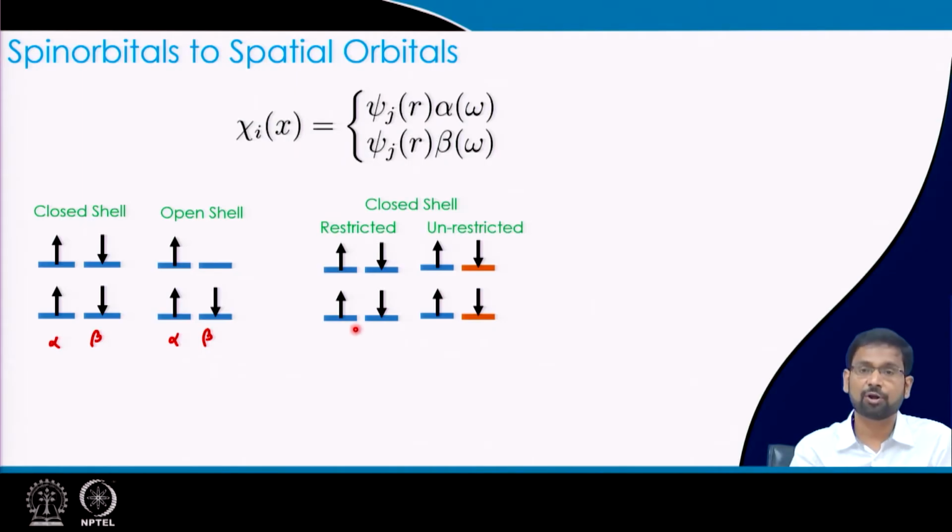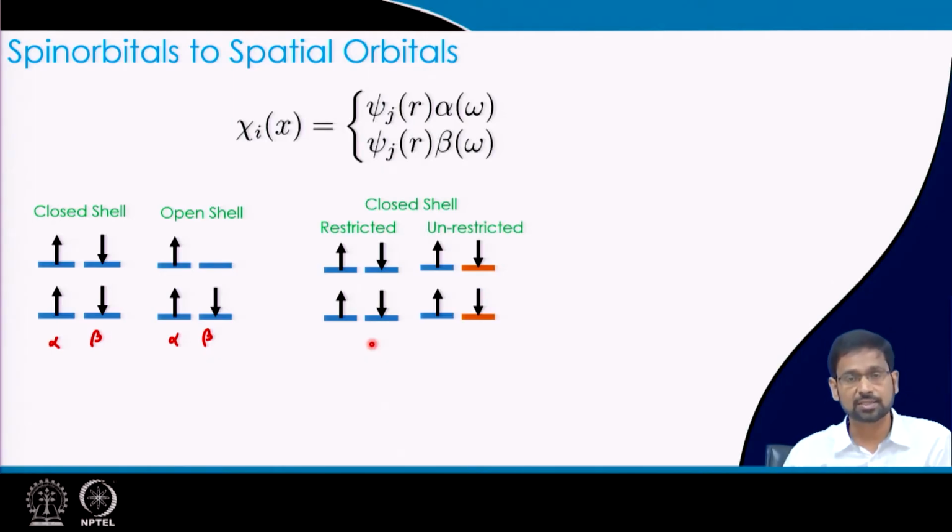In the restricted formalism, I say that this alpha electron and beta electron have exactly the same spatial function. Similarly 2 alpha and 2 beta, these two electrons have exactly identical spatial function. So in those cases where I treat the same spatial function for spin up and spin down electrons, I call them restricted. I am putting a restriction that the spatial parts of the wave functions are identical.